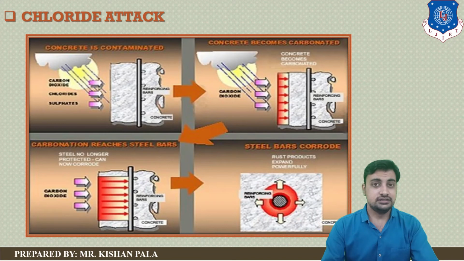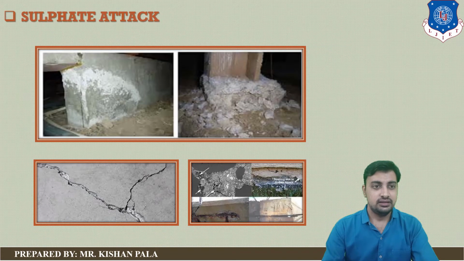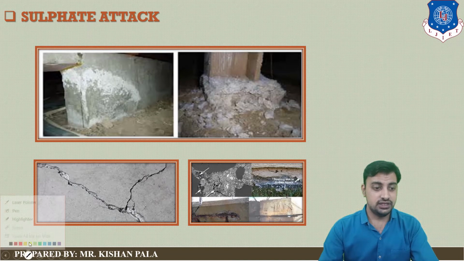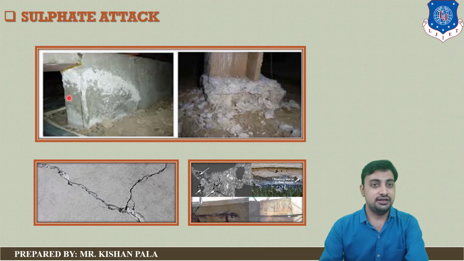So let us see photos regarding sulphate attack, acid attack and chloride attack. You can see on your screen this photo shows concrete attacked by sulphate. These photos are regarding the sulphate attack.